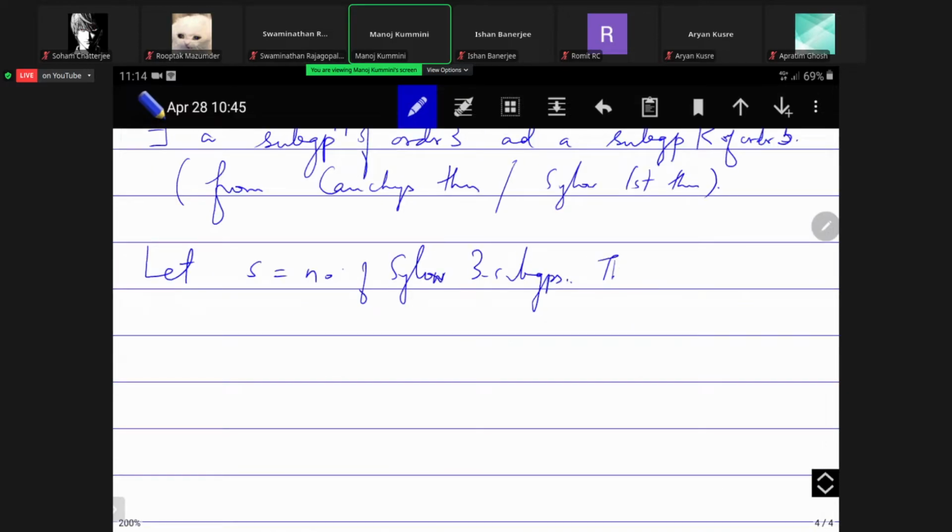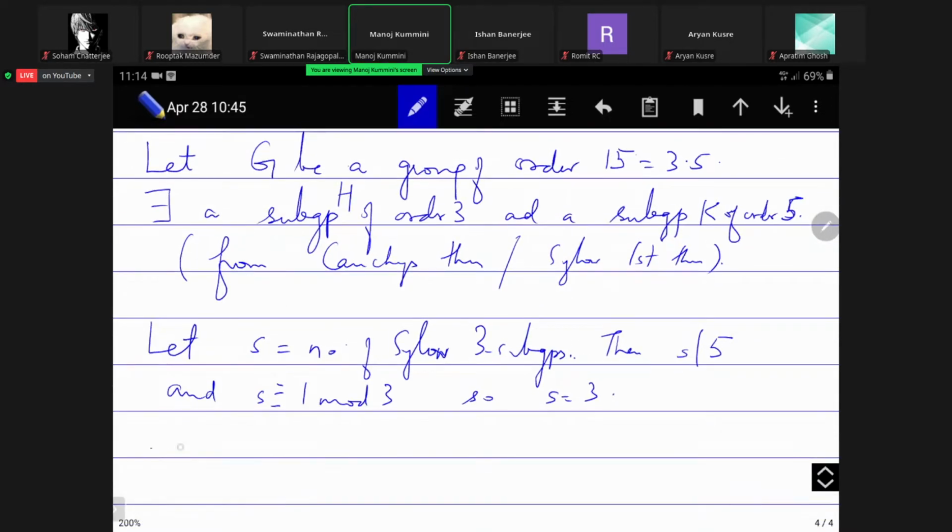Then S divides 5, and S is 1 mod 3. So S is 3. Sorry, S is 1. The H that we have identified is normal, and we observed earlier that if for some p there is a unique p Sylow subgroup, then that subgroup is normal.